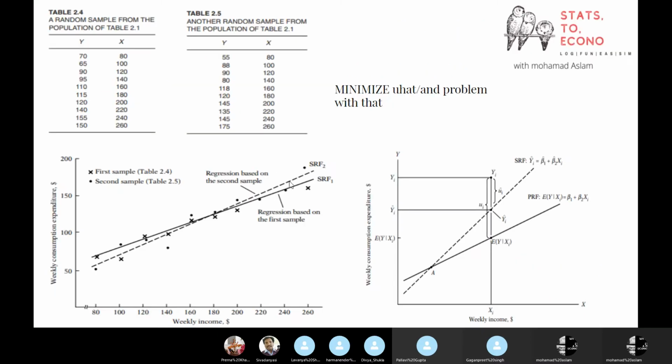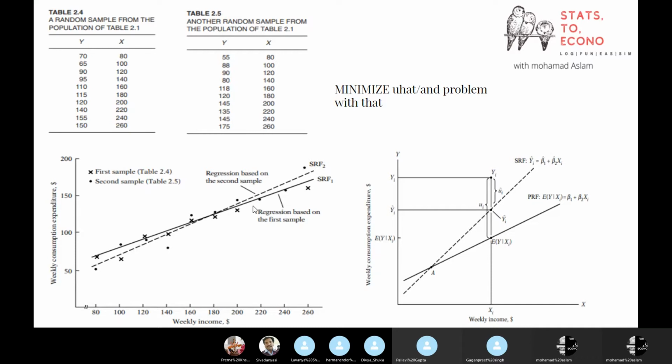So this is the parameter to judge which sample regression function is better, the one which has a minimum gap. Let's suppose we want the summation of u hat to be equal to 0, this gap needs to be as minimum as possible. So 0 is the least that we can minimize.